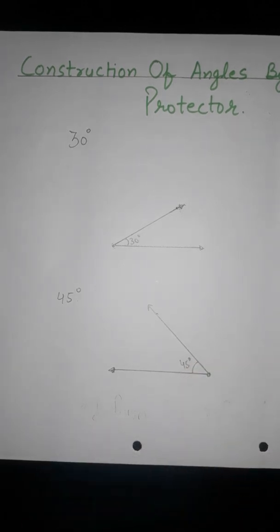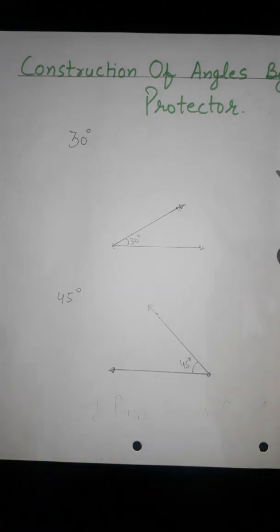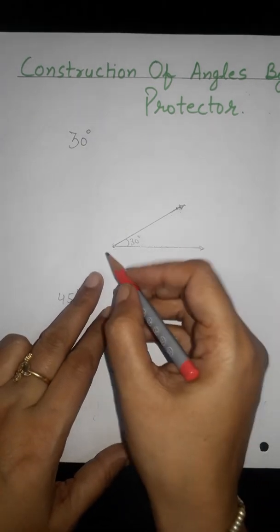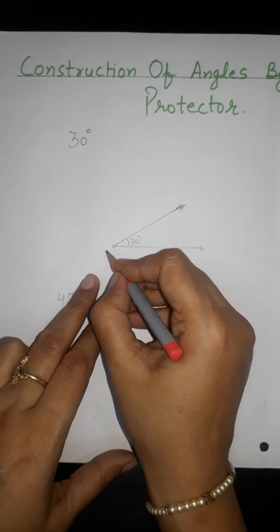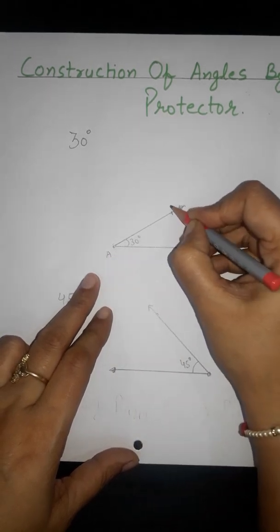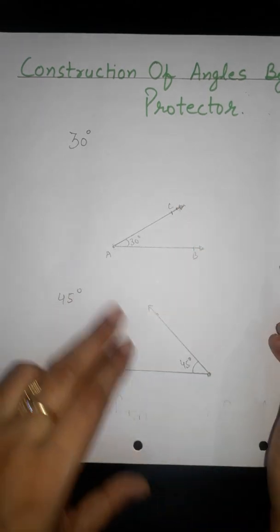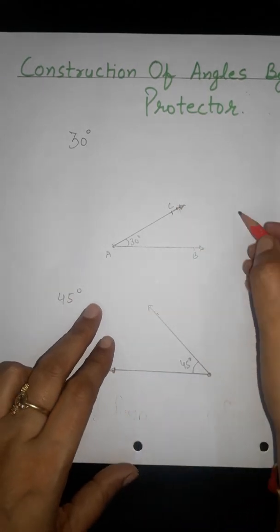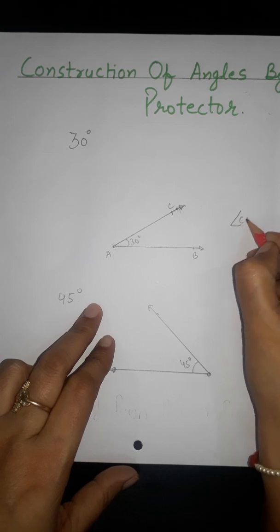After that you also name them. Here it is given that also name that. So if this is ray AB, this point is C, and what is the name of the angle? Angle CAB.